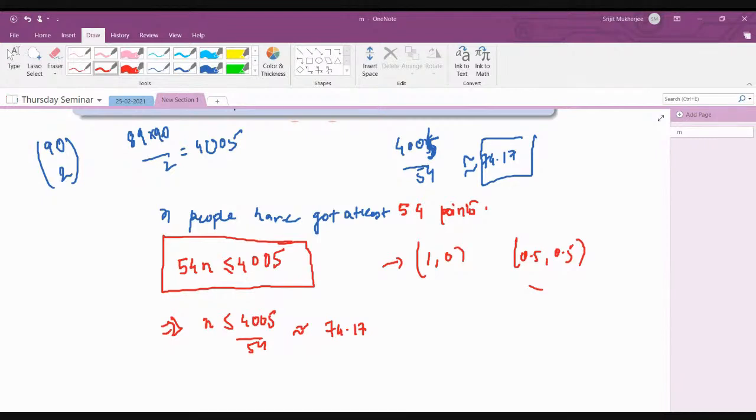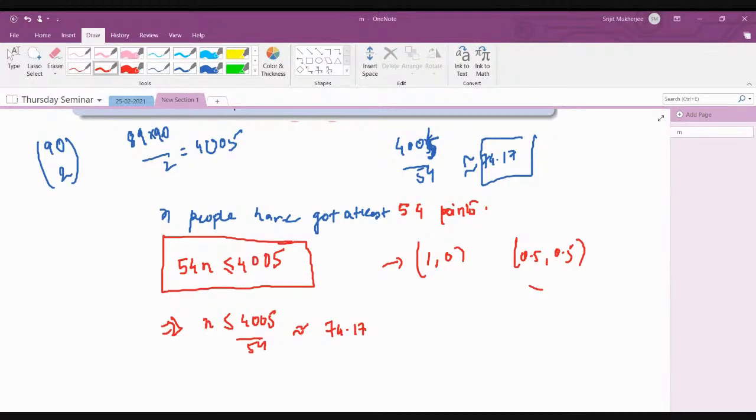The idea is this: each game leads to 1 point. The sum of the scores of all the players is equal to the number of games, because each game leads to 1 point.